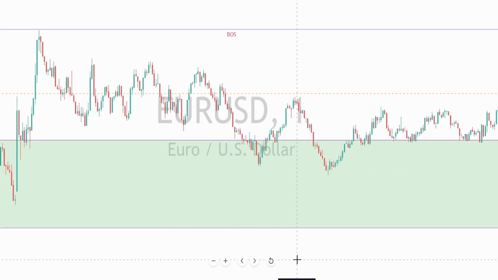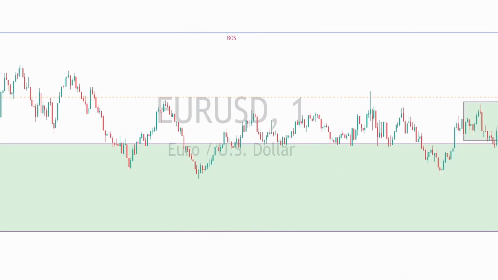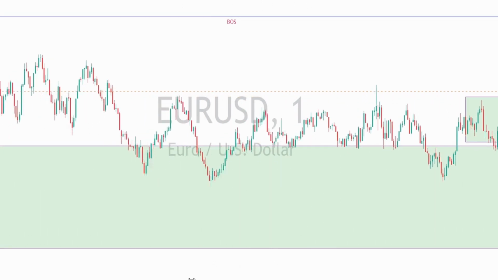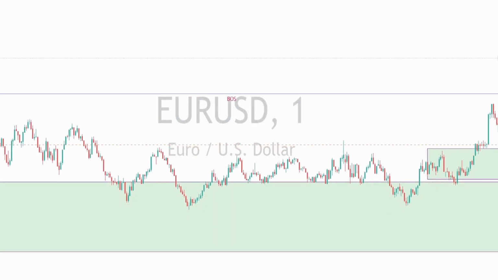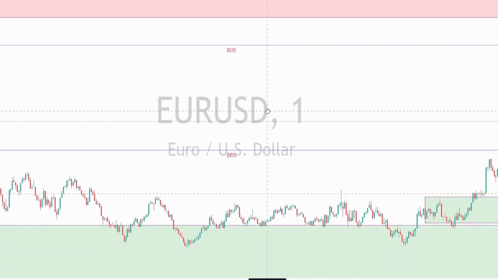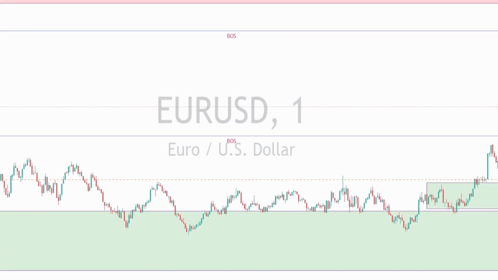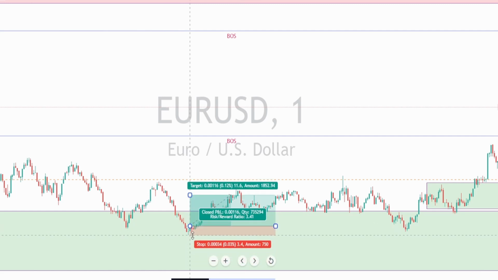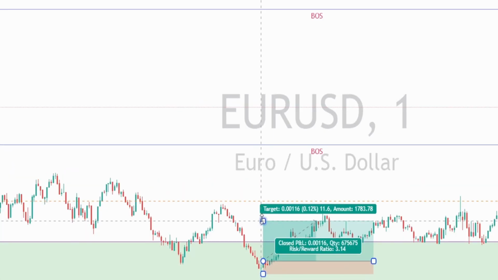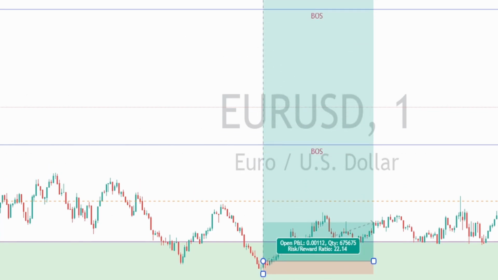And if you were really trying to target a large risk to reward, you could see that on the close of the candle, and your stop loss would have been just below the wick. So you would have targeted just before your supply area.